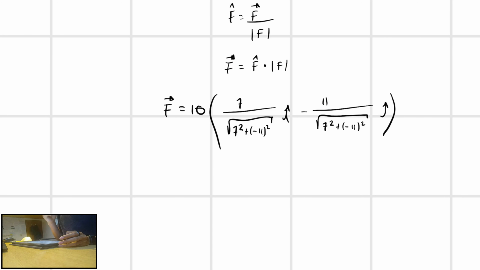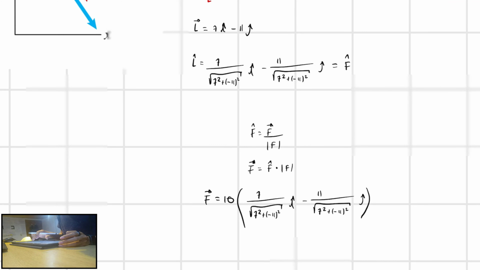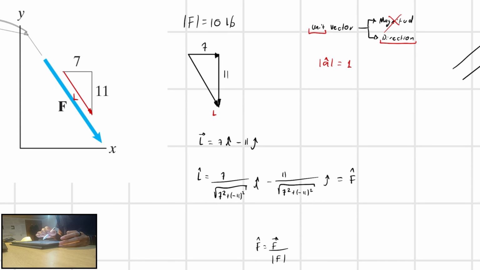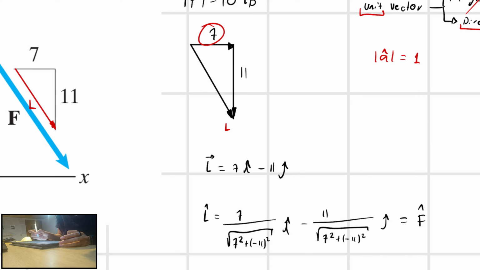I don't know if I've said this in the past, but I want to repeat it if I did. When you want to know the magnitude of a vector, all you have to do is apply the Pythagorean theorem. Because right here we have the component in the x direction and the component in the y direction.